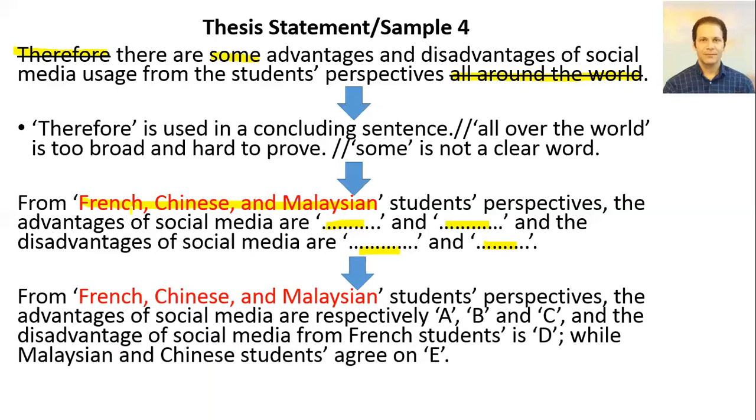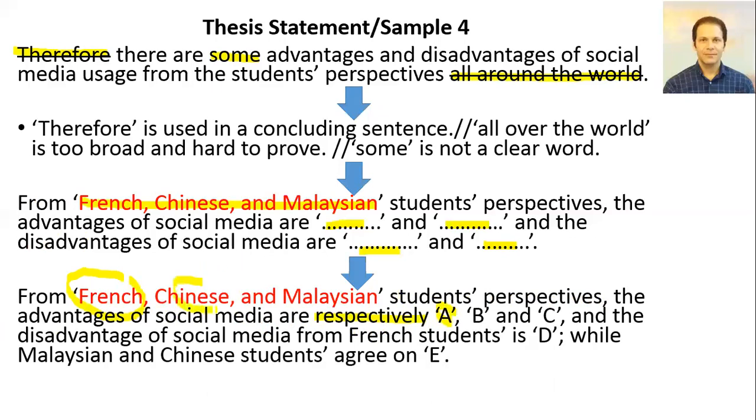For example, this is an option. From French, Chinese, and Malaysian students' perspectives, the advantages of social media are, respectively... Now, when we use "respectively," it means that in the same order. So French students are mentioned here first. So A is the advantage of social media for French students.